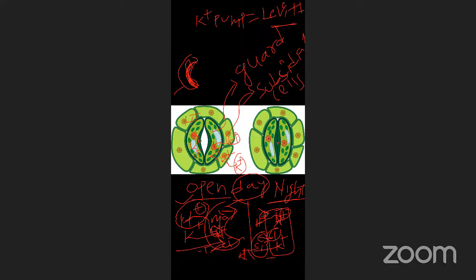Now tell me. Movement of water, high to low. From which cell to which cell? Subsidiary cells to guard cells. See on paper, in subsidiary cell water potential value, high or low?